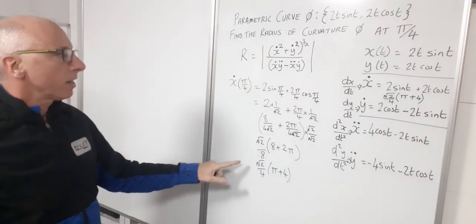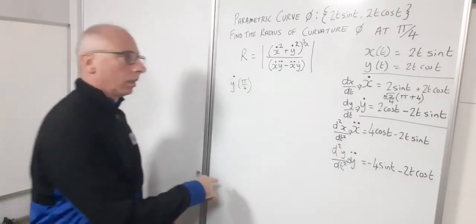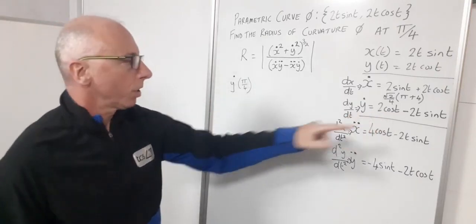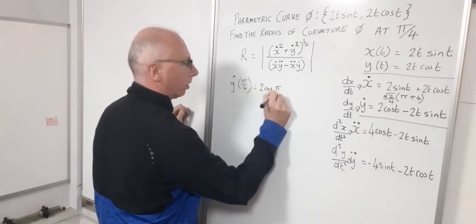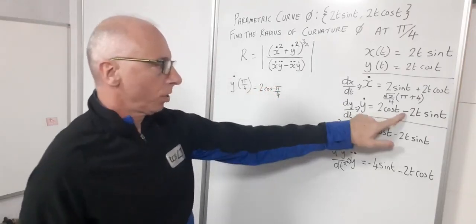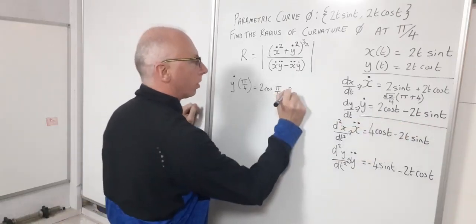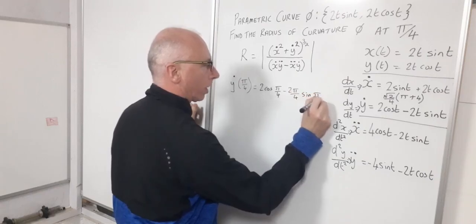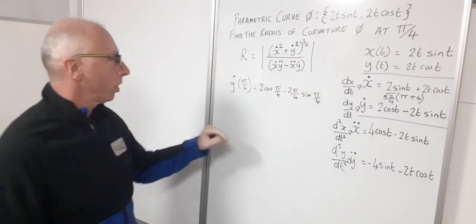Now let's take this off the board and calculate the y dot. Okay, so where we see a t, we put pi over 4. So 2 cosine pi over 4 minus 2 pi over 4 sine pi over 4. Okay, so we know from the previous that this is worth 1 over root 2.